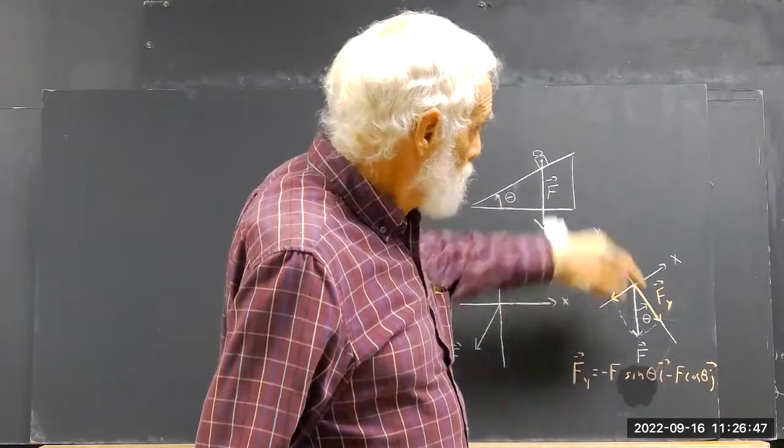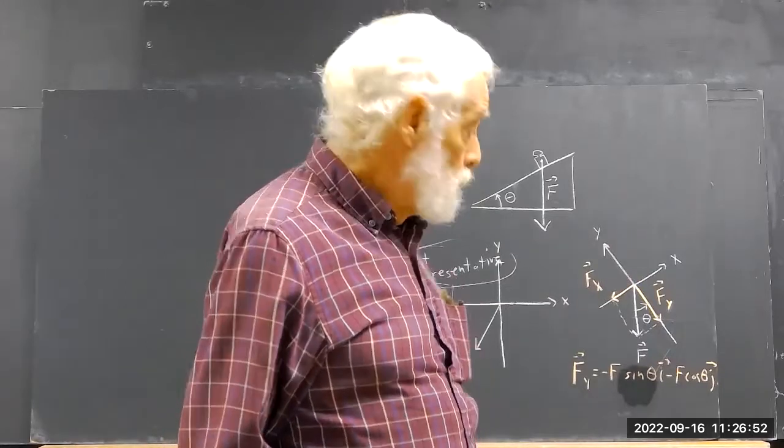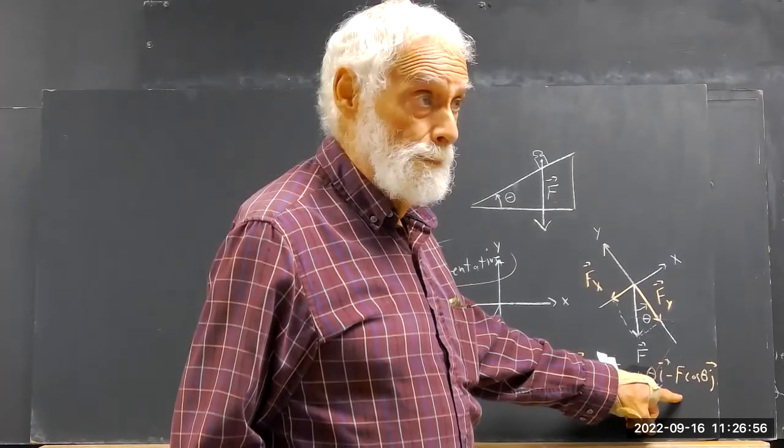But both components are negative. This is in the negative Y direction, this is in the negative X direction. So if you're going to do it in terms of theta, there it is.